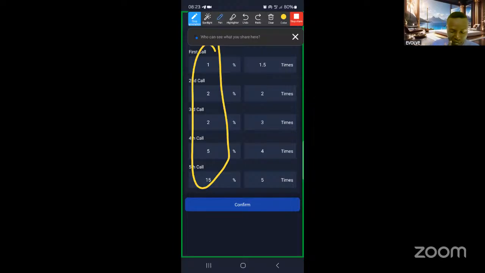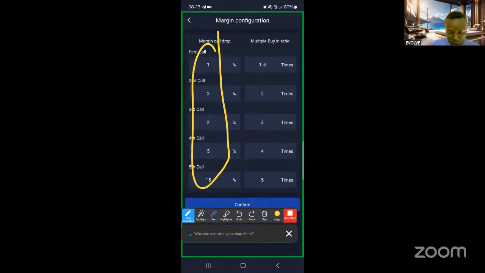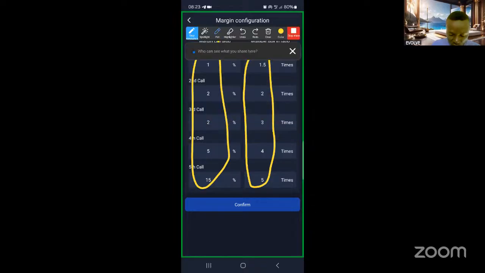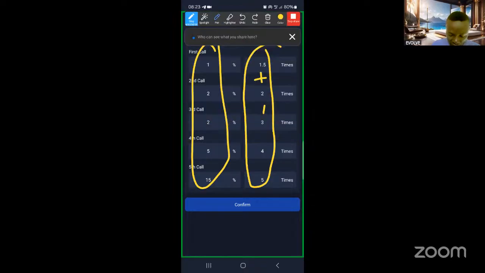How do we arrive at the margin call drop, that percentage? Now that we've understood these ones, for you to get the first buying amount, add these ones and get the total. Then go and take your total capital.